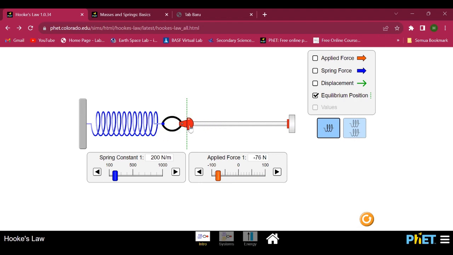If you push this spring, it needs force to return to the equilibrium position, its normal position.